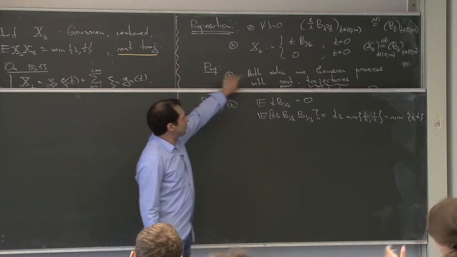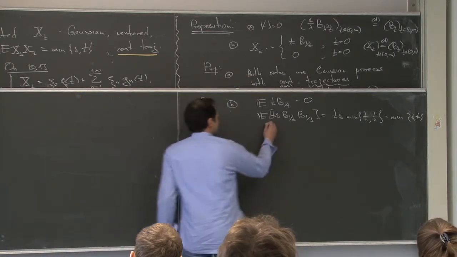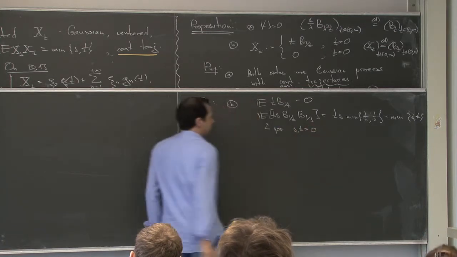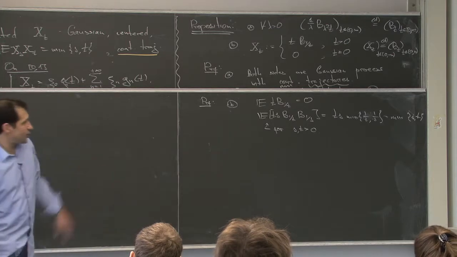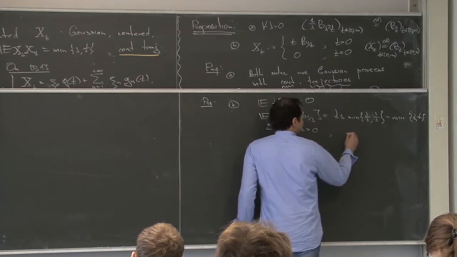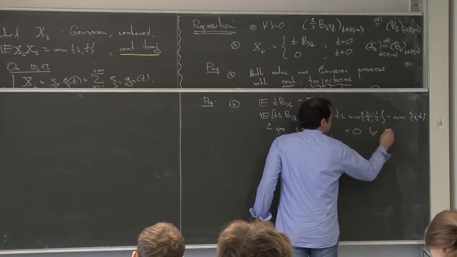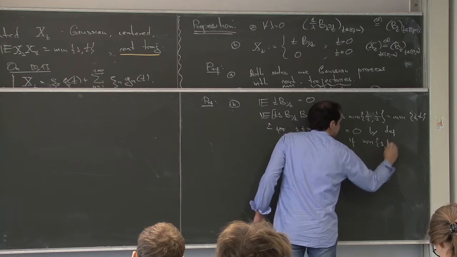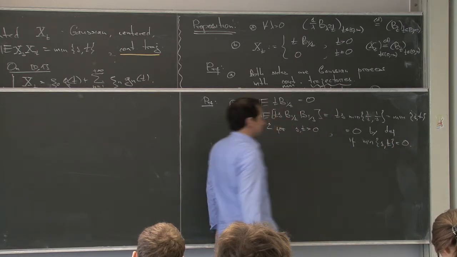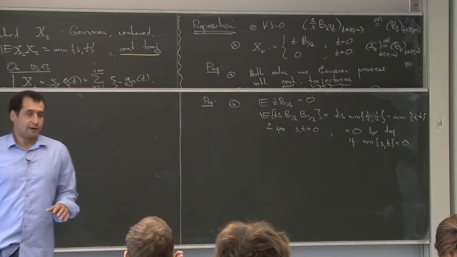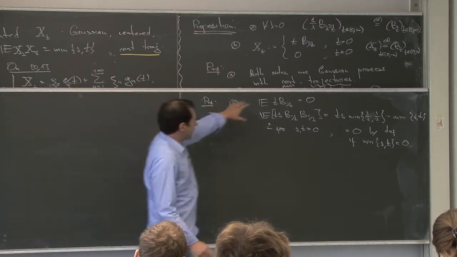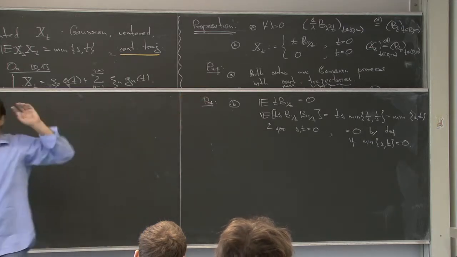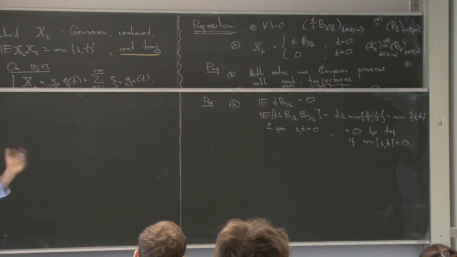There is a small issue with the origin. So first, this is for positive. By definition, this is just 0 if one of them is 0. And because of that, we see that the covariance structure is correct, but it might be some issue with the continuity of X_t at 0, right?